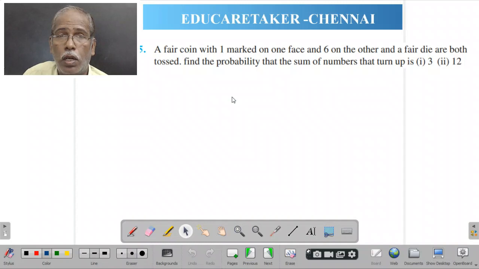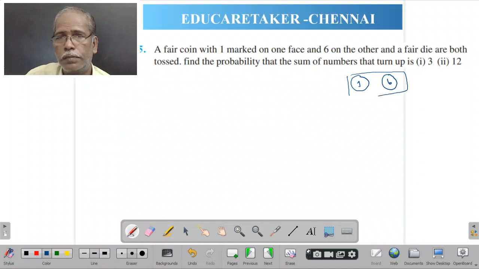One side of the coin is loaded with number 1, and the other side of the coin is loaded with the number 6. It is a single coin, with a facing side and a rear side, and a die is given.